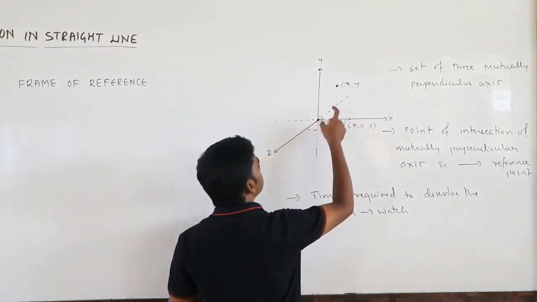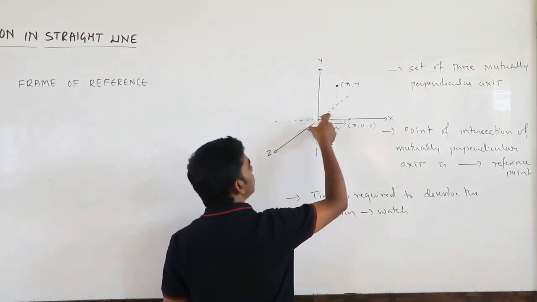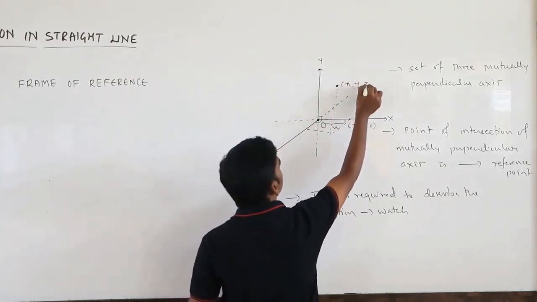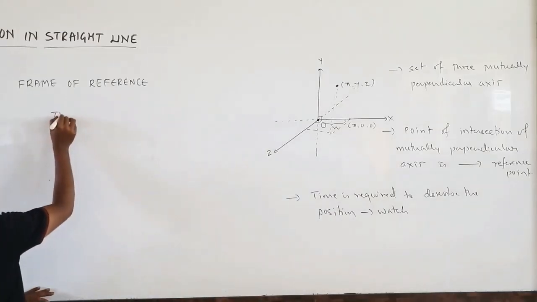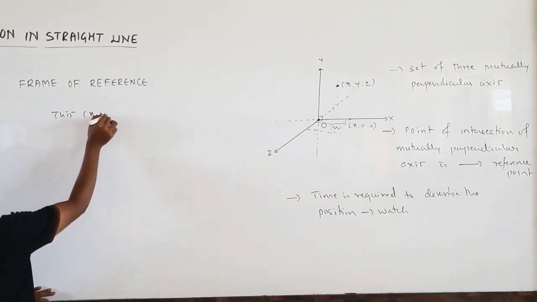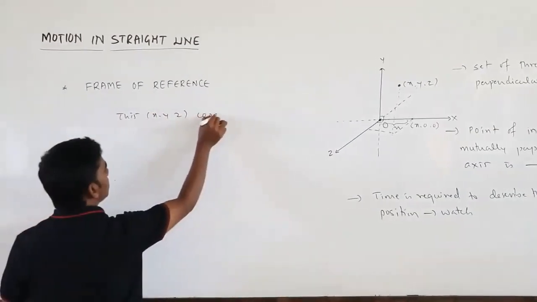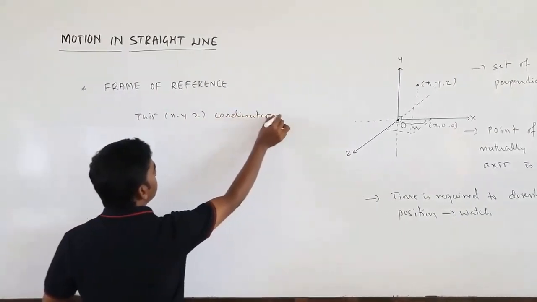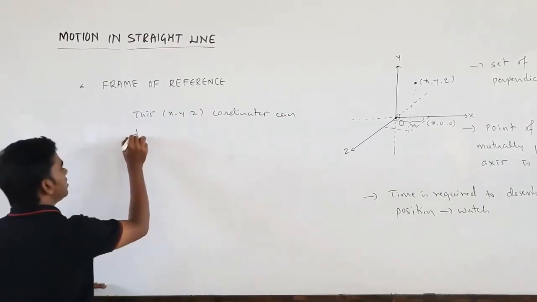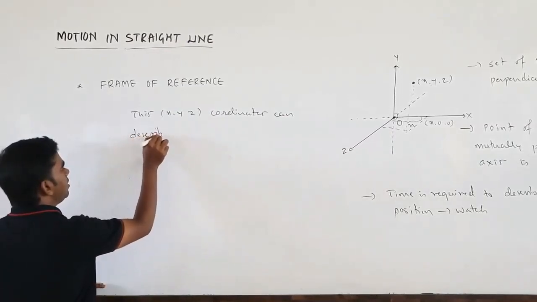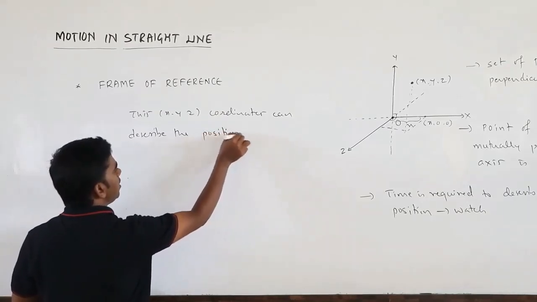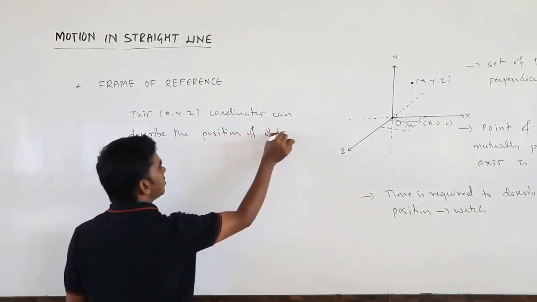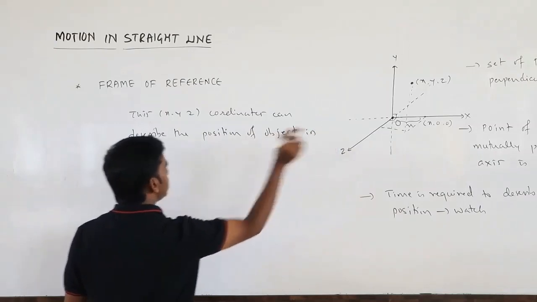These x, y, z coordinates can describe or tell the position of the object in this system.